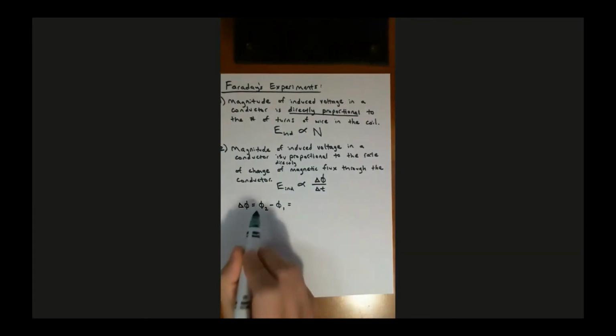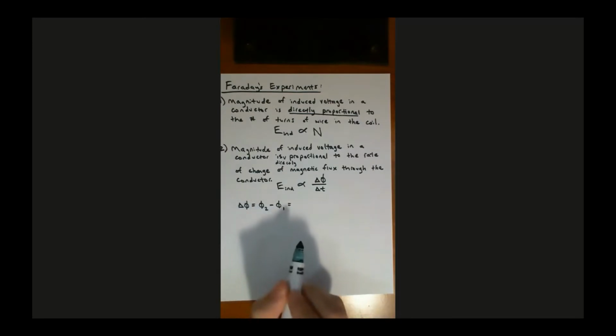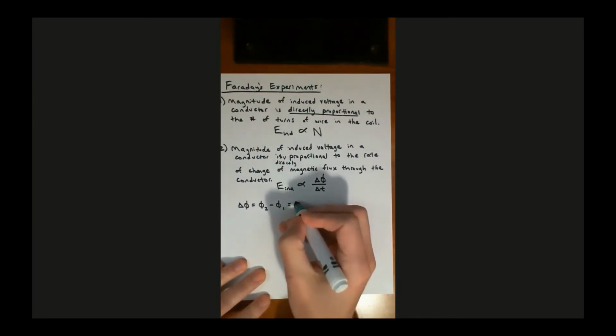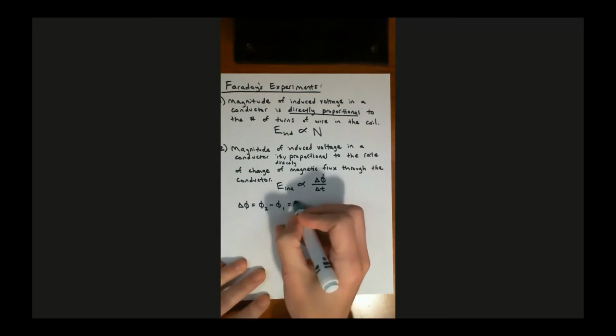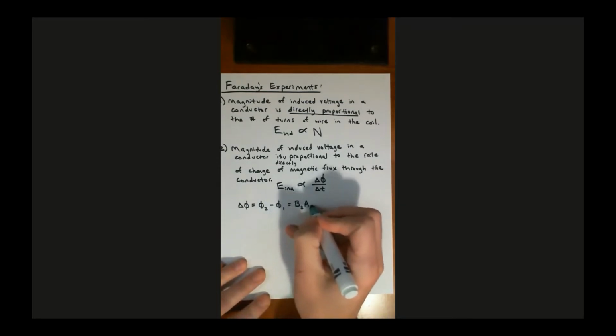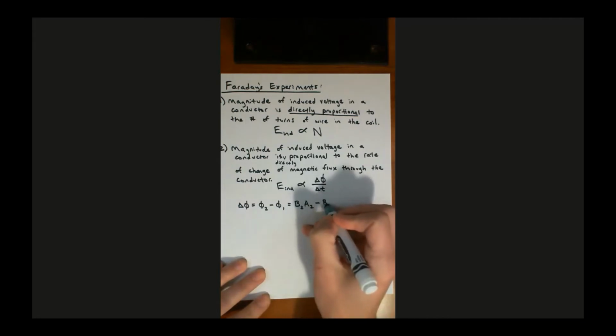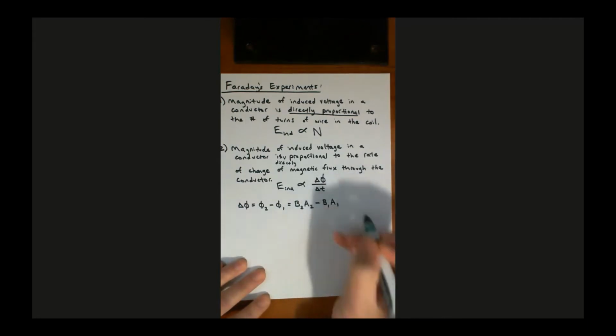We had that magnetic flux is equal to B times A. B is the magnetic field strength, and A is the area of the coil of wire. So we can substitute that in. We can say phi 2 is equal to B2 A2, and phi 1 is equal to B1 A1.